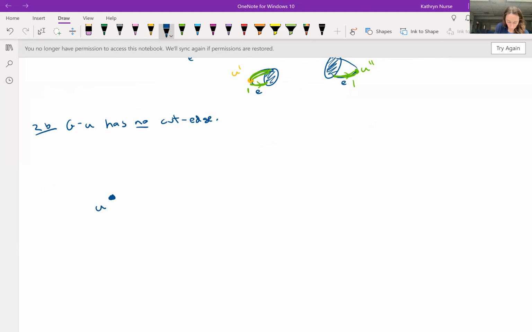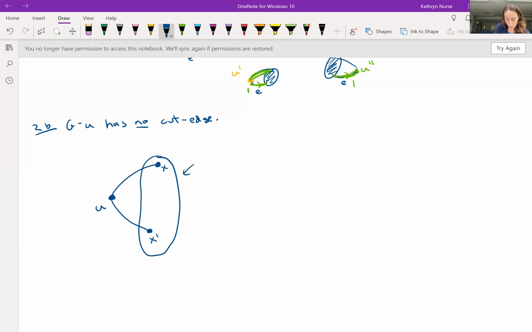I'm not going to draw the whole thing, but I have some components of G delete U. It could be just a single vertex. And this component of G delete U, because we're 2-edge connected, there's at least 2 edges that go between U and this component. And maybe I'll call this X. This is X prime. Okay, and it could be that X equals X prime, that is fine.